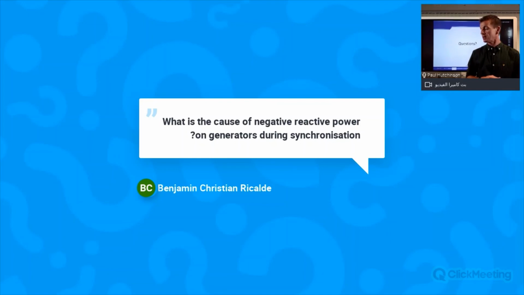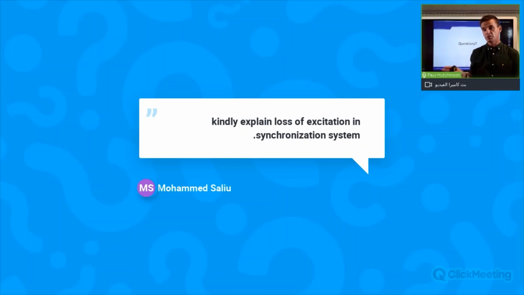What is the cause of negative reactive power in generators during synchronization? Benjamin, again, that is outside the scope of what we're talking about today, but as I say, email me, guys, and we can have a chat. But that would be down to the synchronization setup. If you go back to what we've talked about today, then you should be able to answer your own questions, because it's all to do with the commissioning and the setup of the genset system.